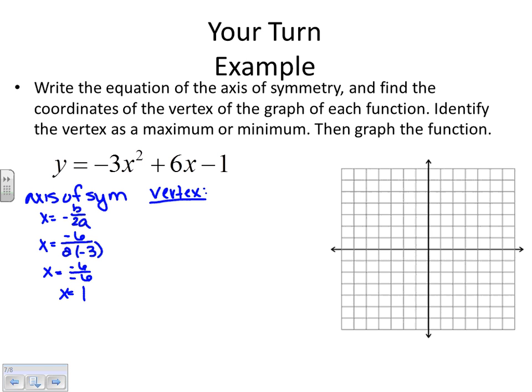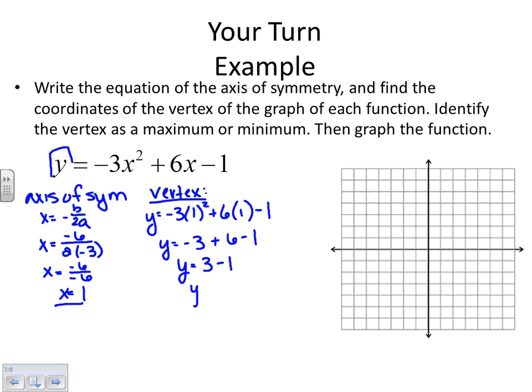And remember, we find our vertex by plugging in our axis of symmetry into our problem. And we say y equals -3 times 1 squared plus 6 times 1 minus 1. And we get y equal to -3 plus 6 minus 1. Y equals 3 minus 1. And y equals 2. So my vertex point is at 1, 2.